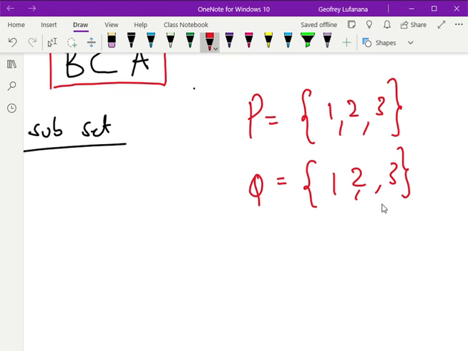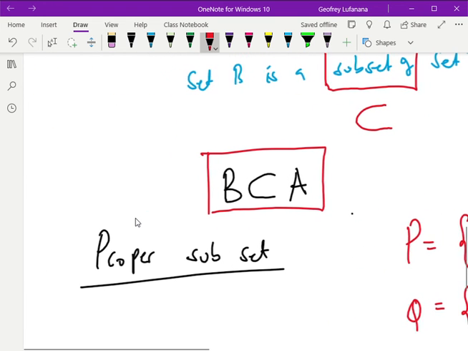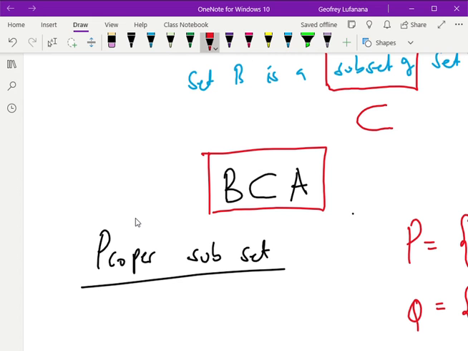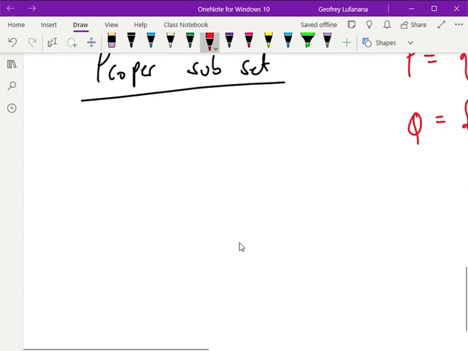You can't say it's a proper subset because P is not fully inside Q. I hope that makes sense. So proper subset is when one is fully inside the other. So that's subset and proper subset.